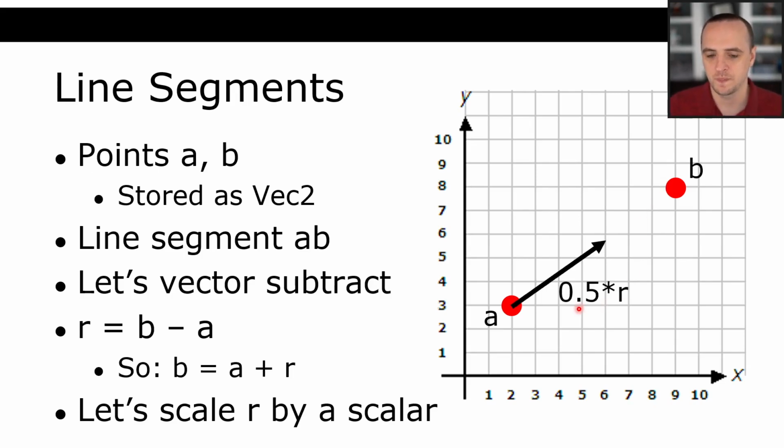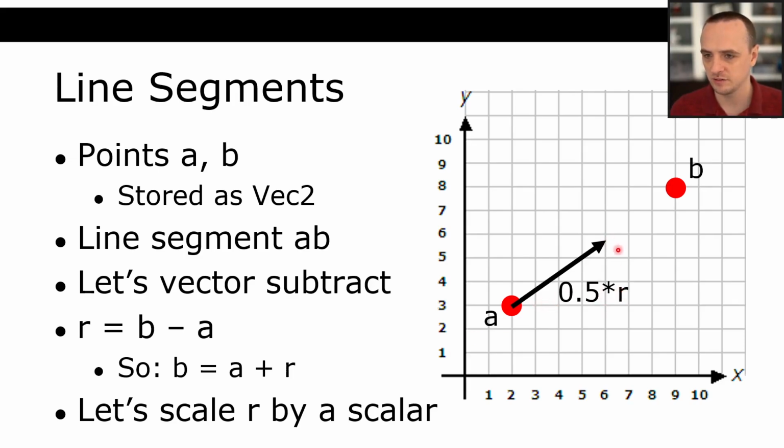If we multiply R instead of by 1 by 0.5, then here's what we get. We get this line segment or vector that goes from A halfway to B. We essentially multiply the x and the y of R by 0.5.